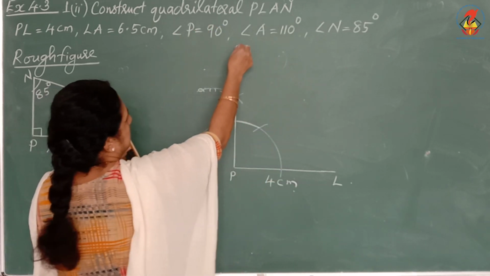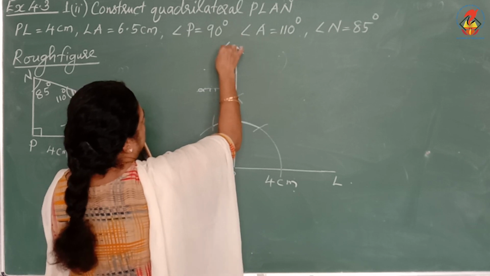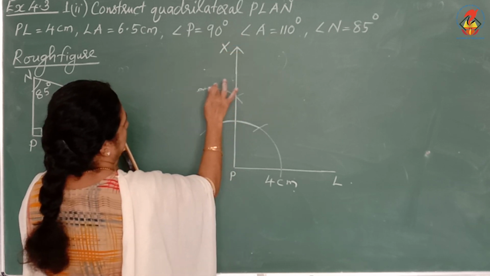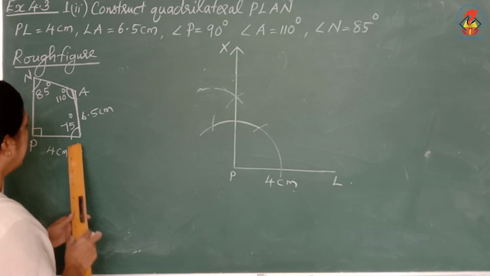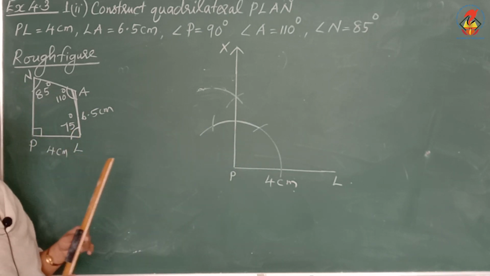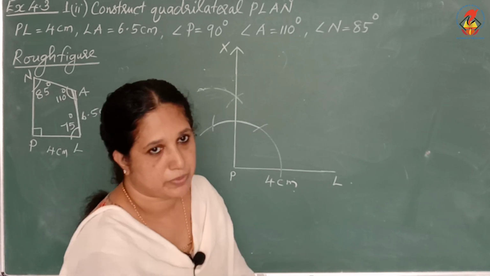So you can take this ray as PX. So 90 degree. Then angle and 75 degree. So we can use our protractor.